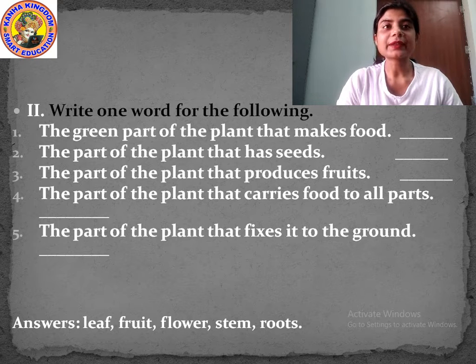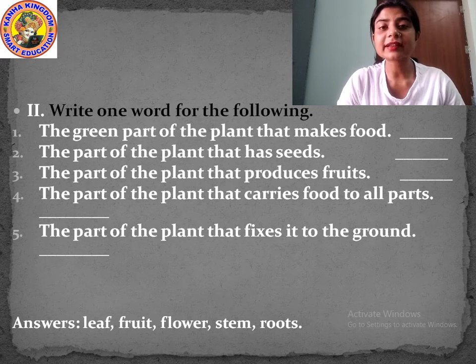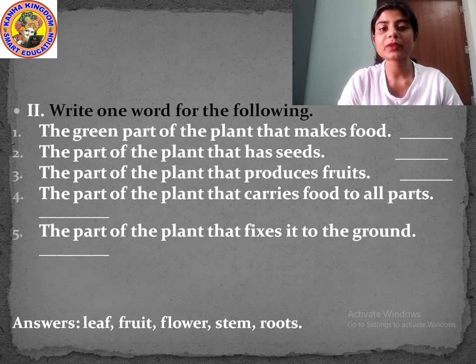Okay. Then the part of the plant that has seeds. The answer is fruit, F-R-U-I-T, fruit. Okay. Then number 3, the part of the plant that produces fruit.